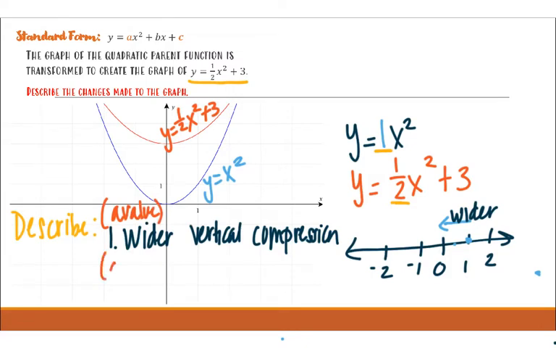Now, looking at our c value, like I said in a previous slide, our quadratic parent function technically is y equals 1x squared plus 0, if we really want to be super technical. And looking at our new equation, it's plus 3. So how does going from 0 to plus 3 affect our graph? Well, it made our graph shift up 3 units.